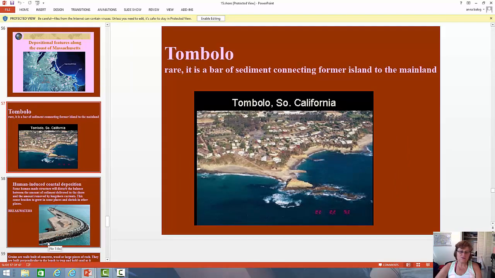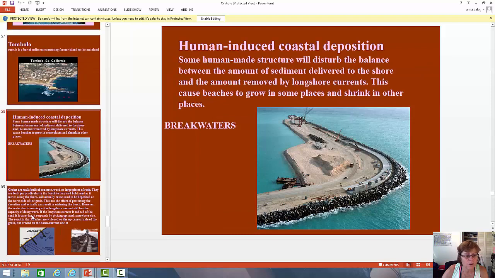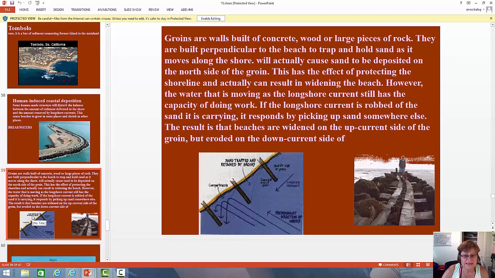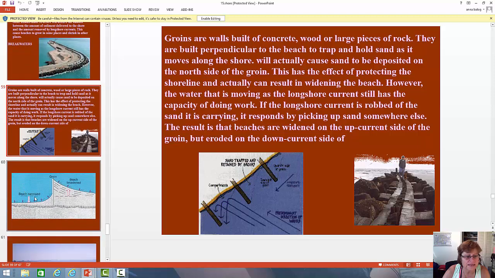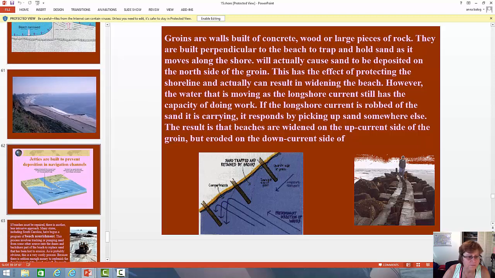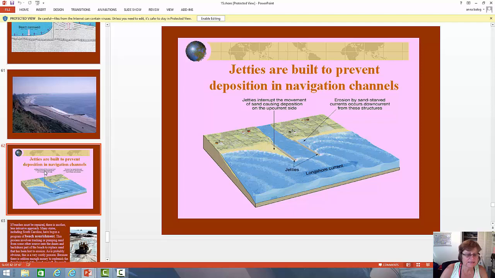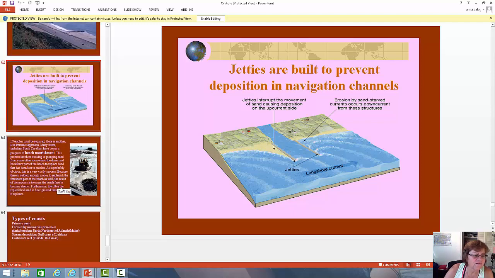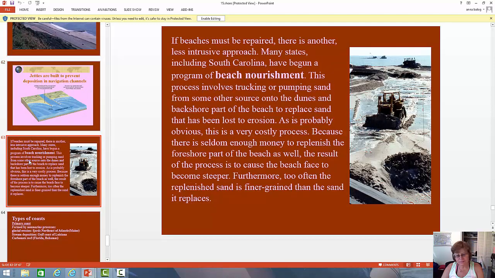Okay, and then you got to know the human-induced structures, such as the jetties, no, the groins. Sorry, the breakwater, groins, and the jetties. I said it first, so that's cool. And what is beach nourishment? Sometimes it's a bad thing.